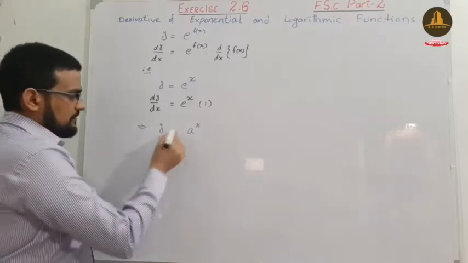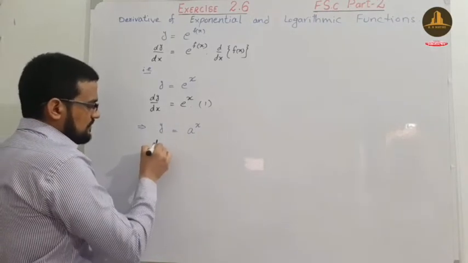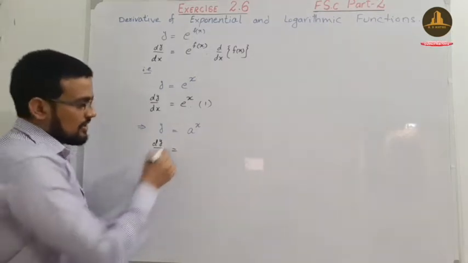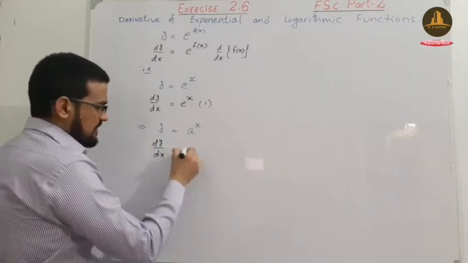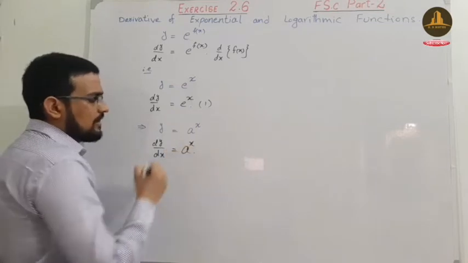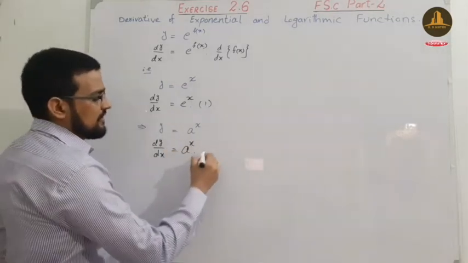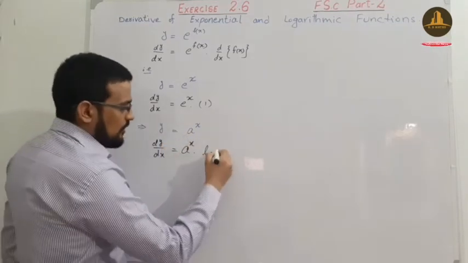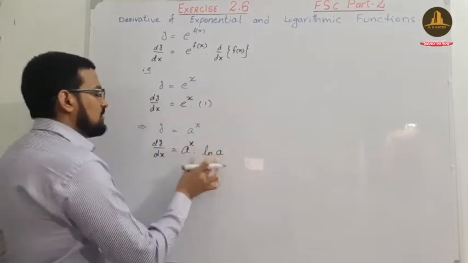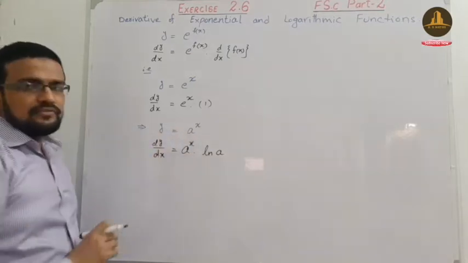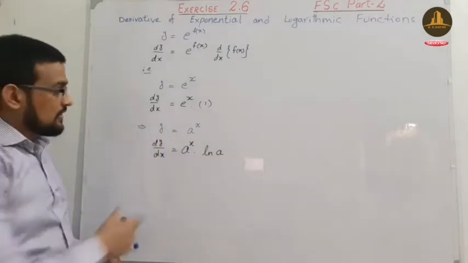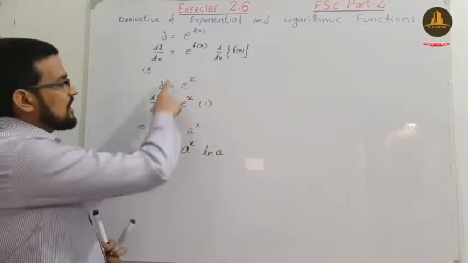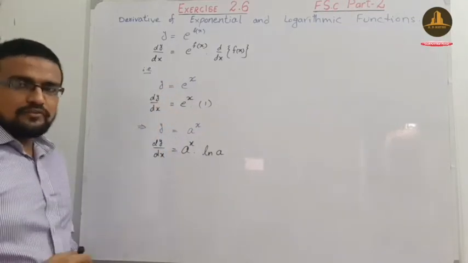It means dy over dx is equal to a raised to power x as it is, and multiply with the ln of base. This is the derivative of this function. Okay, this is the first type and this is the second type of exponential function.